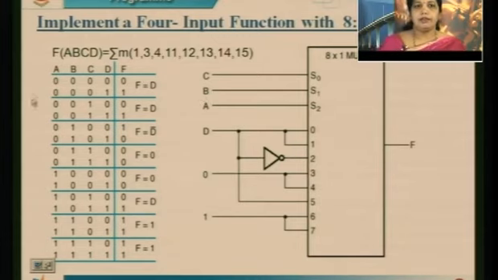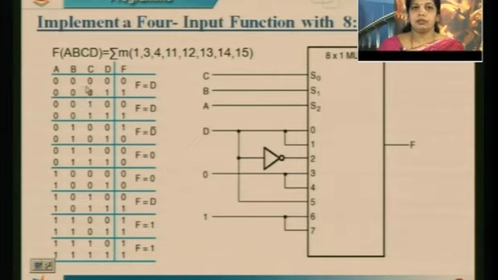Since I want 8 combinations, I have partitioned it like this, and 16 has become 8 here. Now in these 8 combinations, watch A, B, C. Since I am taking A, B, C as selection inputs, please observe these 3 variables.